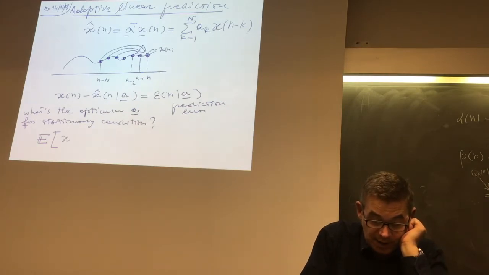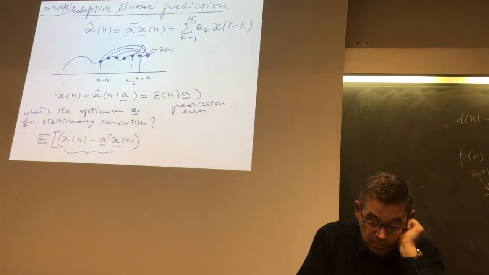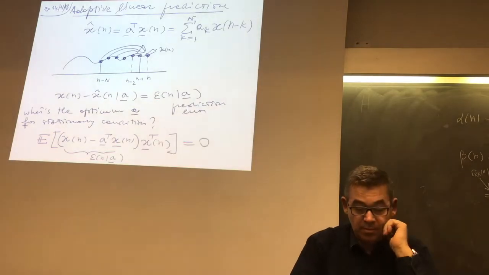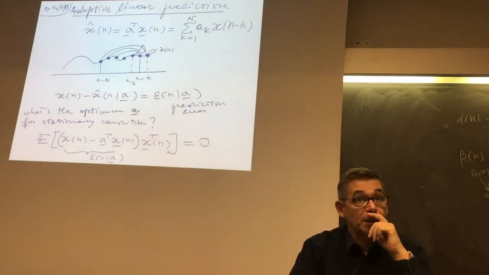The error is xn minus the estimate, A transpose xn vector, the set of numbers. This error, depending on the coefficients, should be orthogonal to the input. That's the orthogonality condition.